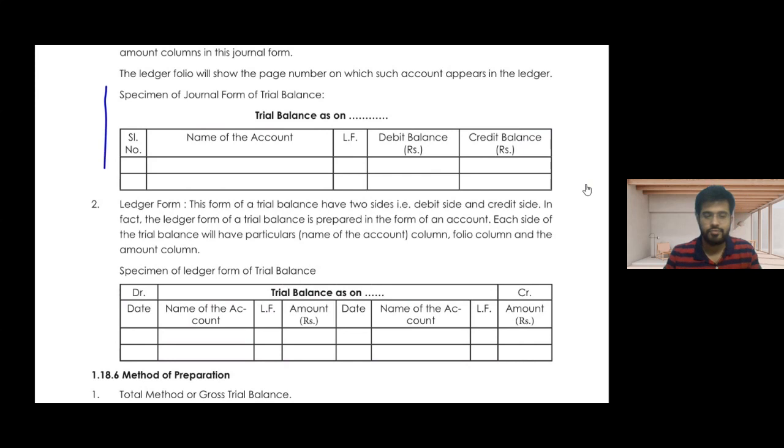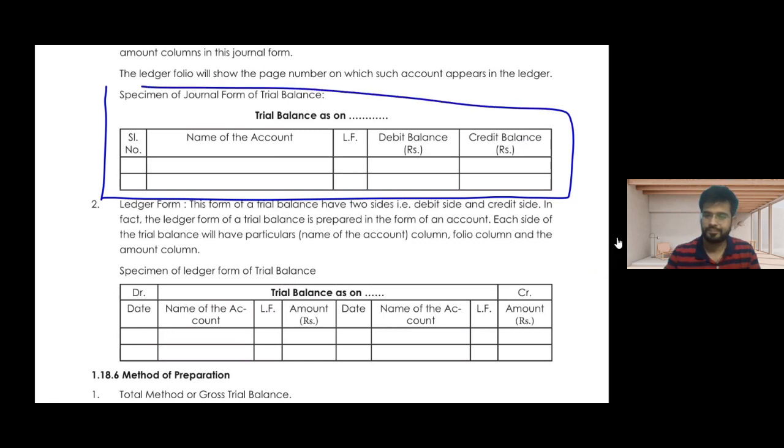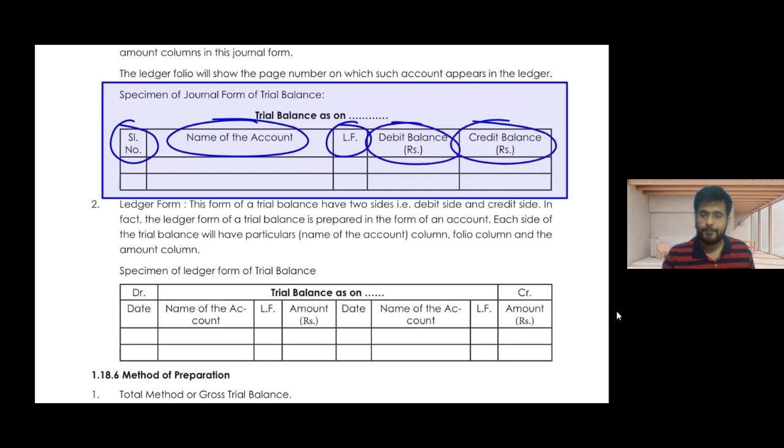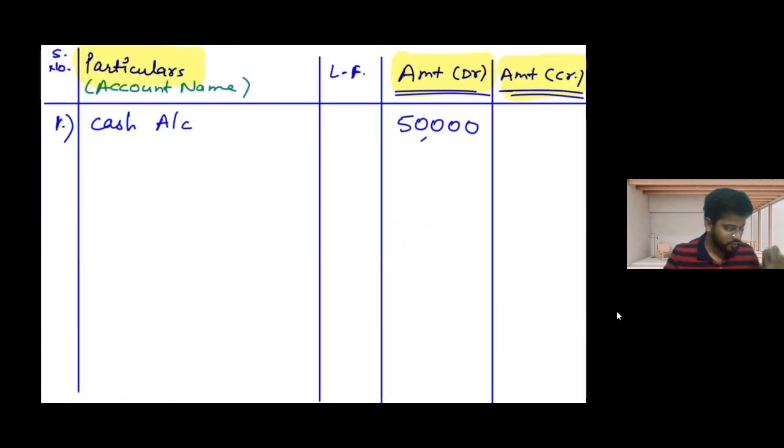This is the standard format which is used across. Clear? I think the screen is loading a bit slow, but just bear with it. Now I have to go back to my trial balance.